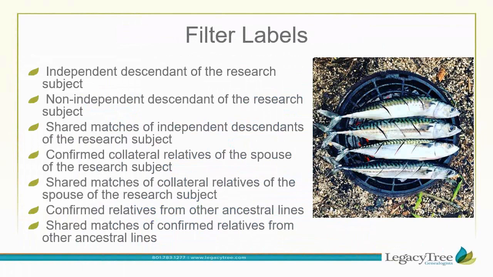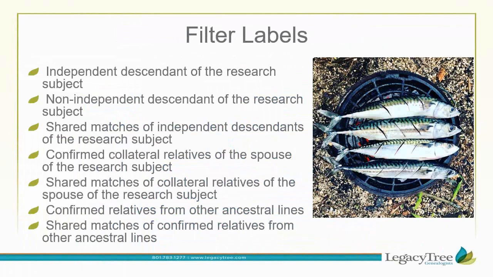We might create filter labels for confirmed collateral relatives of the spouse of the research subject, right? We might say, okay, we know that these people are related through the Rankin family. We're going to mark them as Rankin relatives. And then we could also mark who are shared matches to those known relatives.